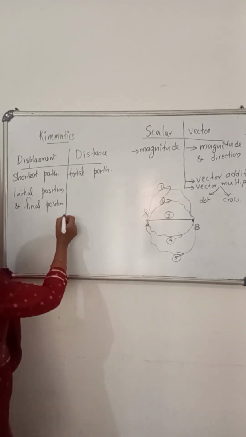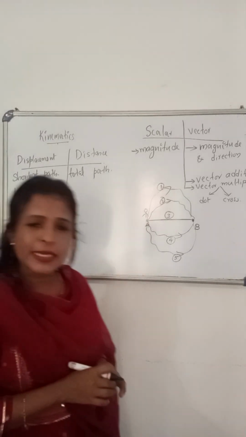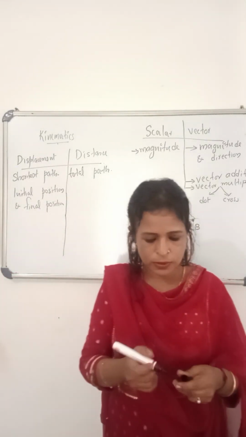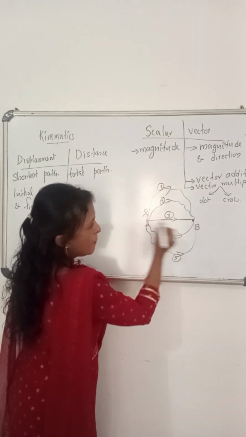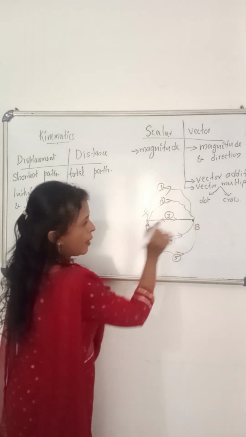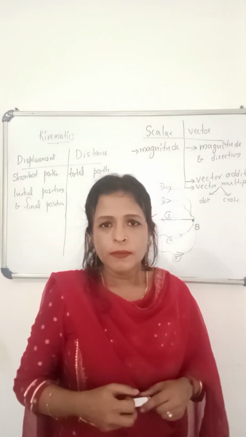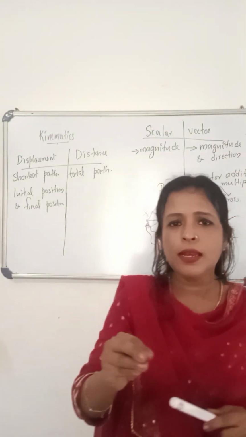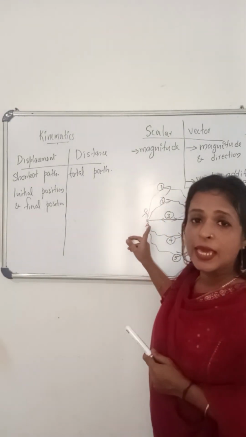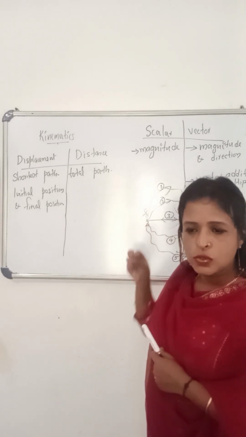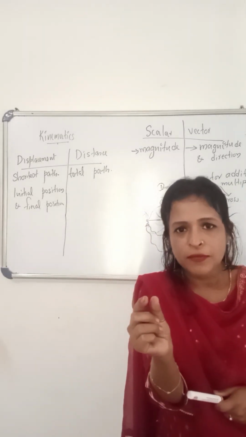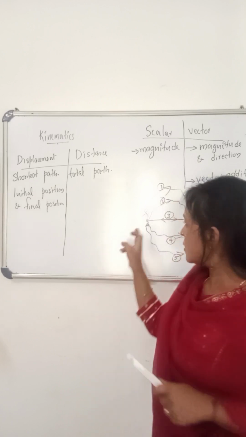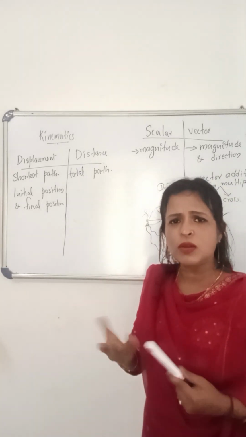And for displacement, suppose one man moves from A to B and then again from B to A. Then the initial and final point is A only. So the shortest path between the initial and final point, which are both the same, is 0 only.